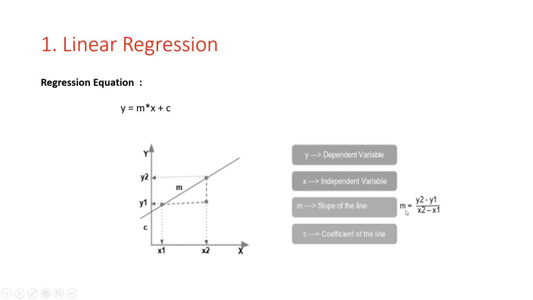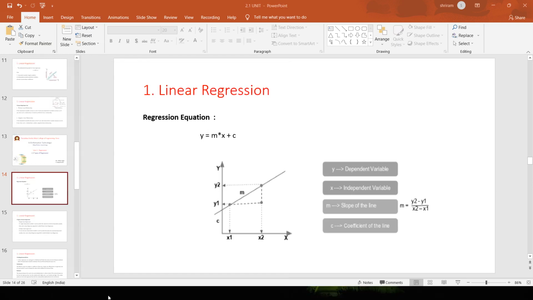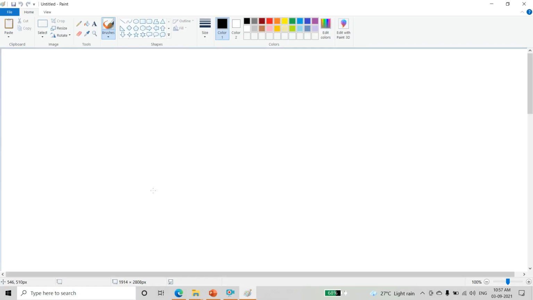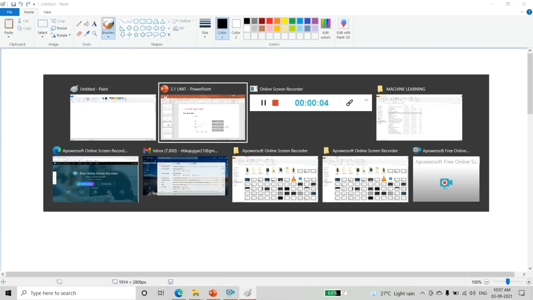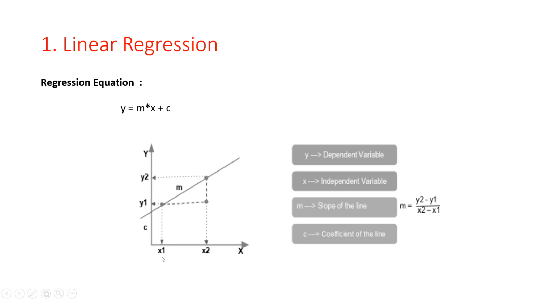I am giving one example. In this graph, we plot two points, x1 y1 and x2 y2.